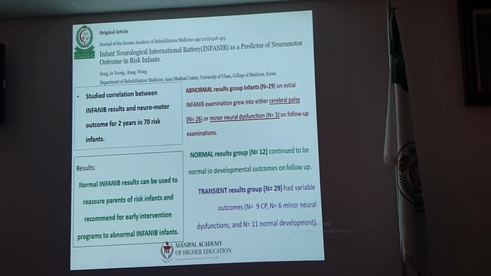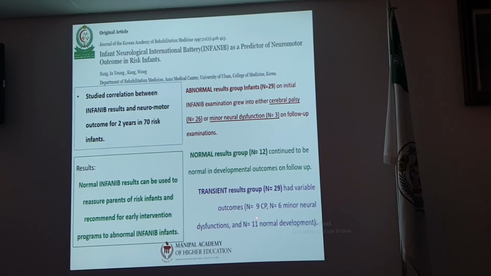Then normal. Look at here. The children who were considered normal continued to be normal in subsequent follow-up. That is 12 children. And in the transient group, 29 were there. They had variable outcomes.